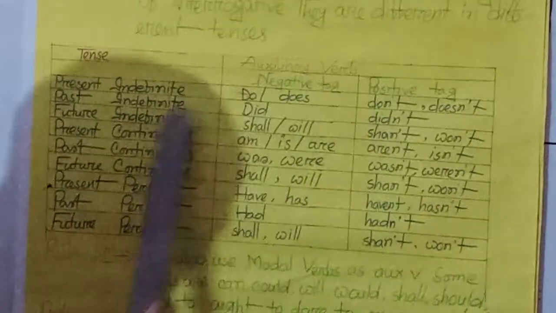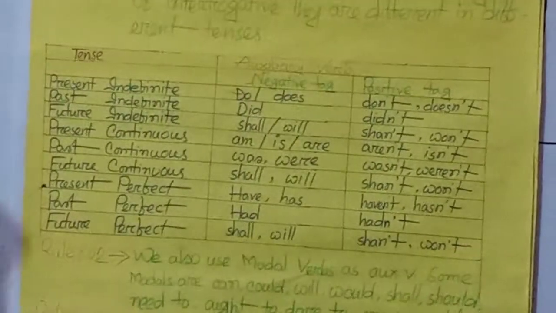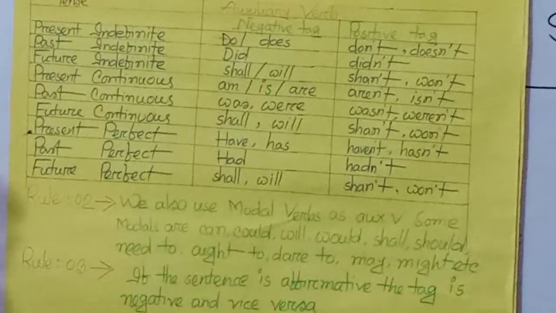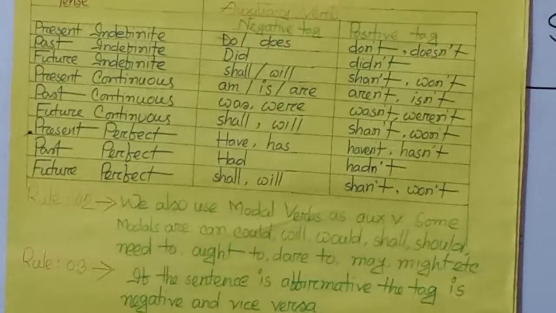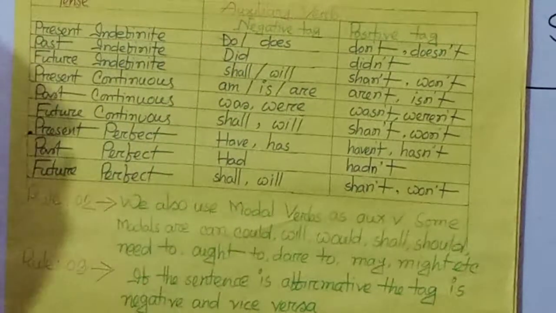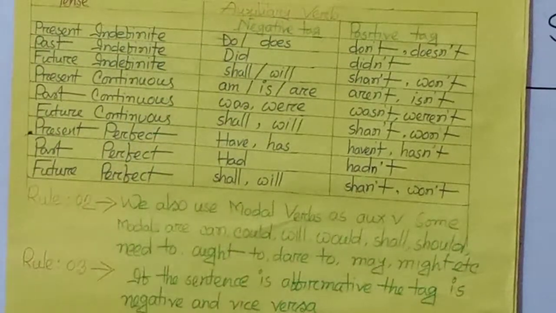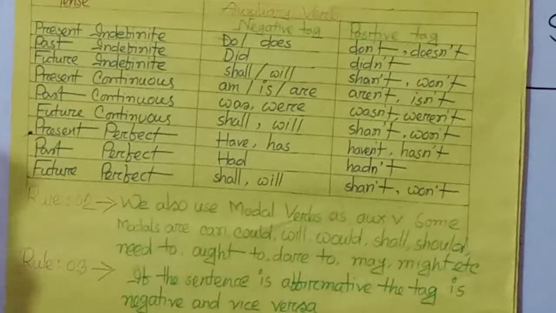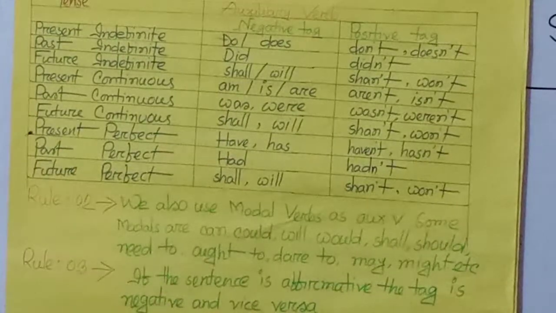we use these auxiliaries according to our subjects, person and gender. Okay? We notice whether the subject is positive or negative, masculine gender or feminine gender.